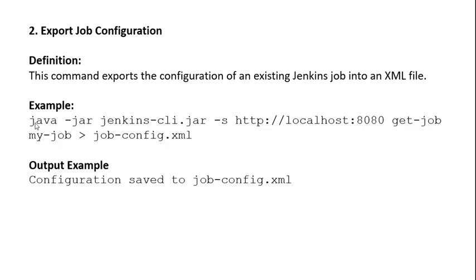The example is java -jar jenkins-cli.jar -s http://localhost:8080 get-job my-job > job-config.xml. The output is: configuration is saved to job-config.xml file.